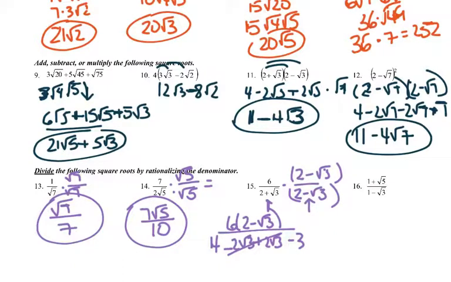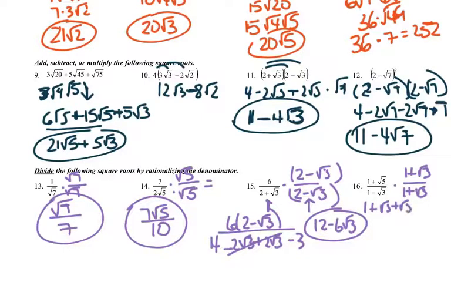So I can leave my answer really the 6 times the quantity 2 minus root 3, or I can distribute it. But I kept it just in case it would have canceled. Last one, multiply top and bottom by the conjugate, which is 1 plus root 3, 1 plus root 3. Now this one's a little bit crazy because I get a first, outer, inner, and last that are just all different there.